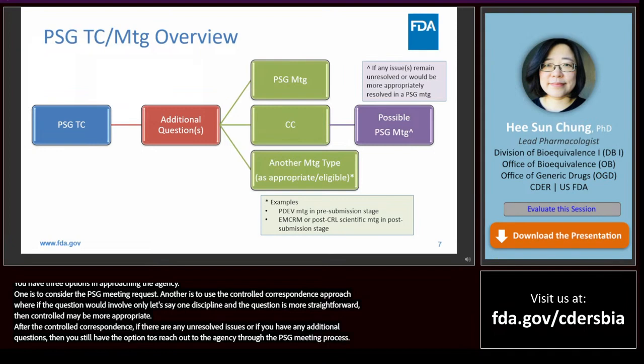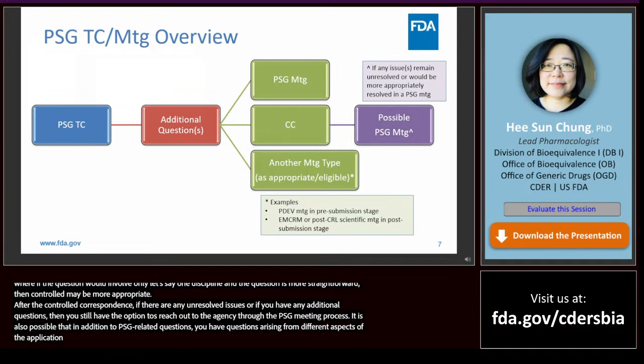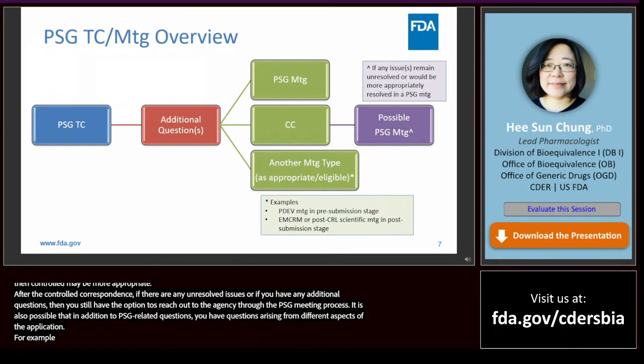It is also possible that in addition to PSG related questions, you have questions arising from different aspects of the application. For example, some scientific question or clarifying question based on the DRL or the CRL that you receive.